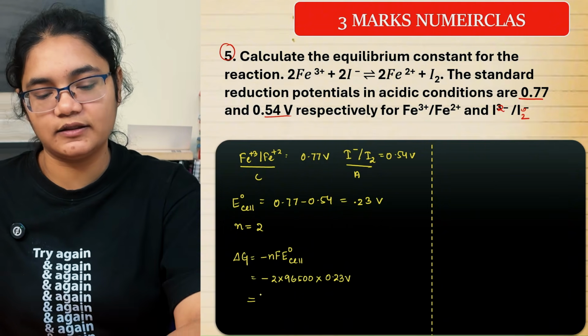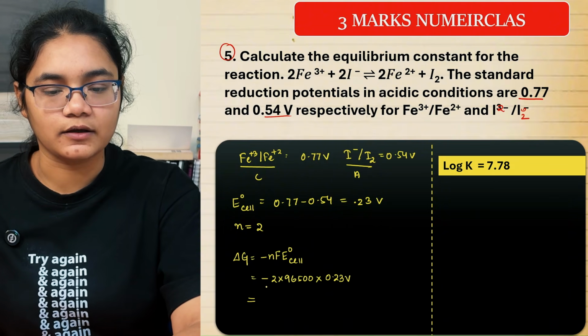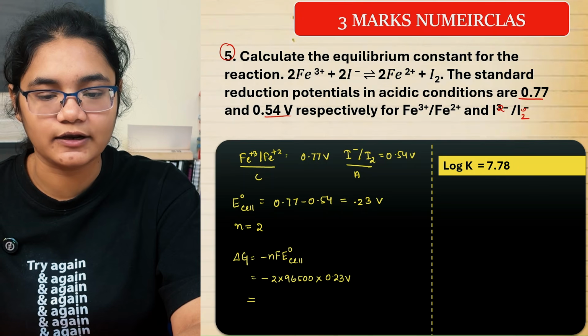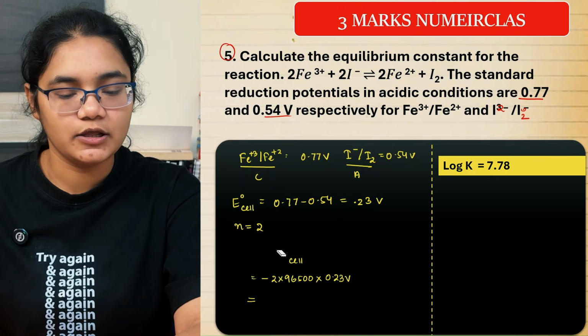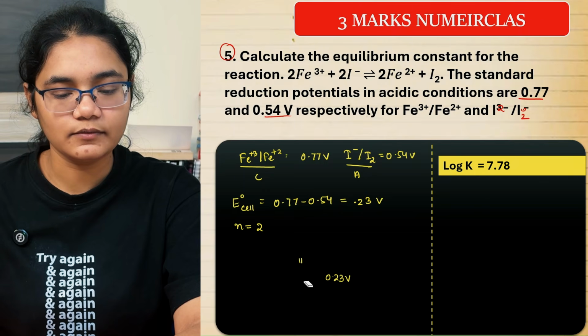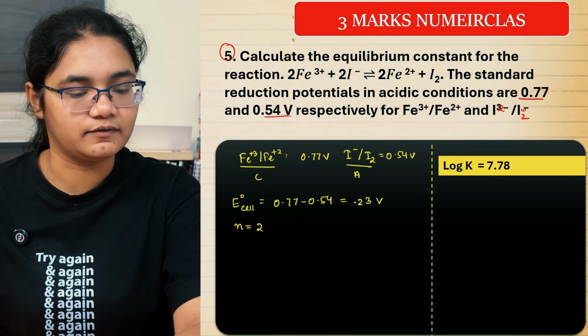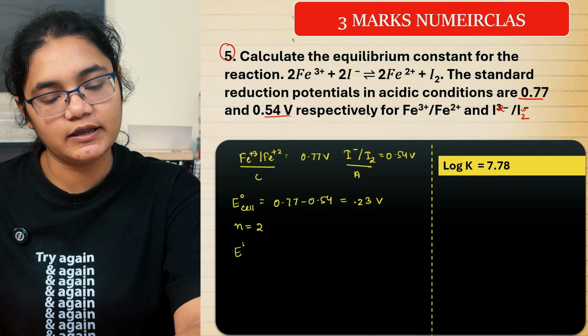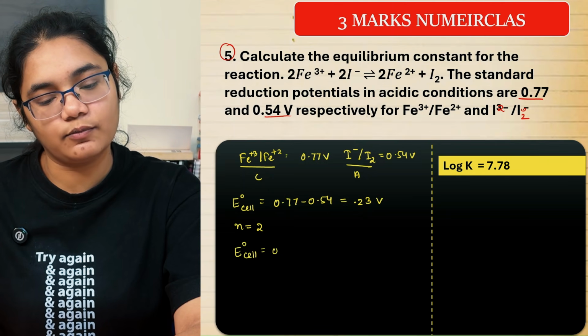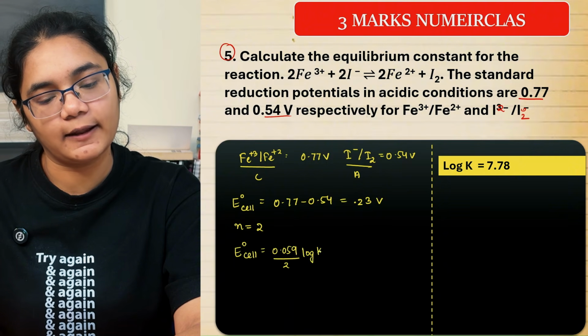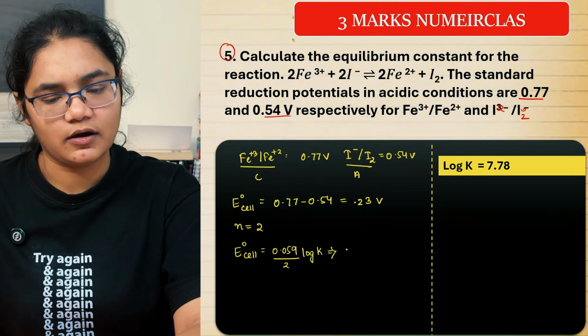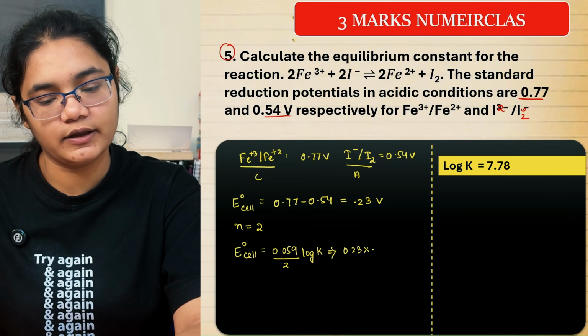Now the question has asked me to find out the equilibrium constant, not delta G, sorry, just a minute. Small error here, one second. Okay, so what's the formula? E naught of the cell is equal to 0.059 by 2 log of K, and that gives me 0.23 volt into 2.